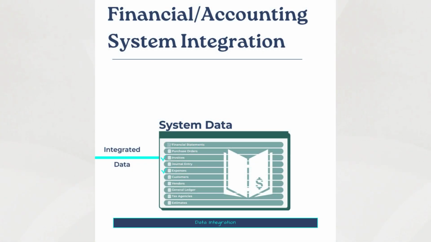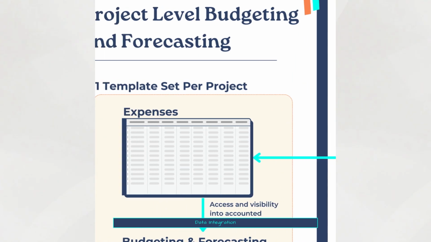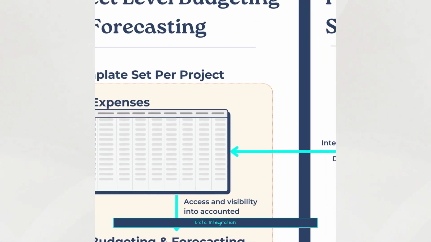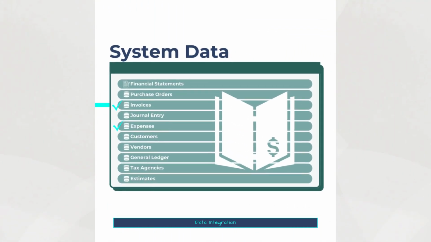If your company is like most businesses, you're using at least one financial accounting software for expense tracking, audit, and tax purposes. An effective budgeting and forecasting solution in Smartsheet makes that data accessible to those who need it, but shouldn't be in the financial accounting software, by way of integrating invoices and/or actual expenses into Smartsheet.